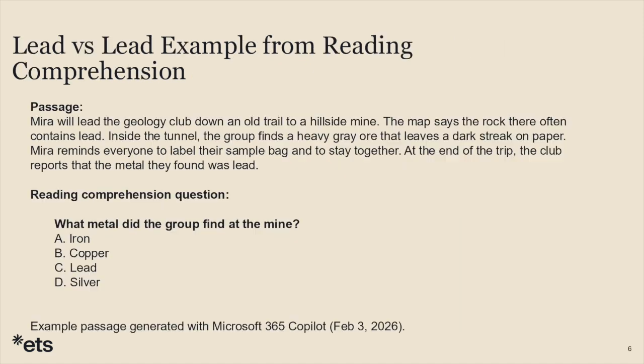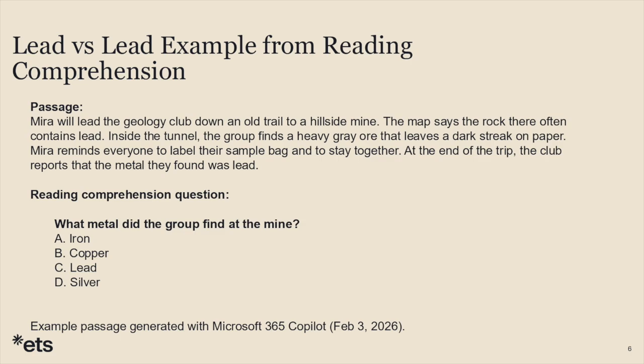For example, lead versus lead. And this is an example that I came up with using AI, so it's not from an actual published test. But Myra will lead the geology club down an old trail to a hillside mine. The map says the rock there often contains lead. Inside the tunnel, the group finds.